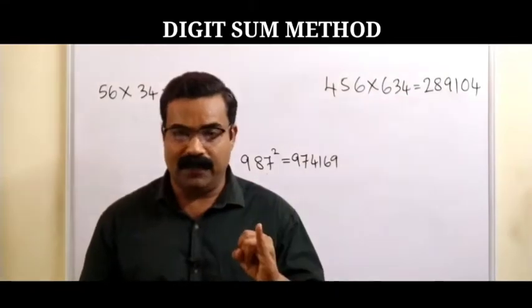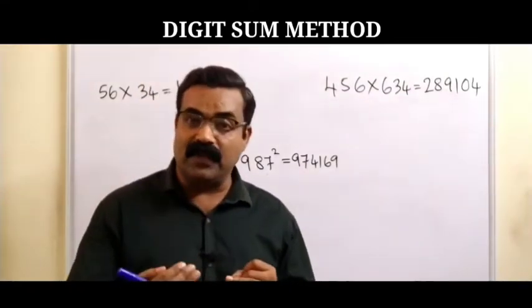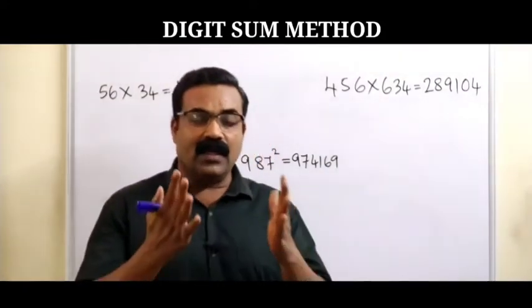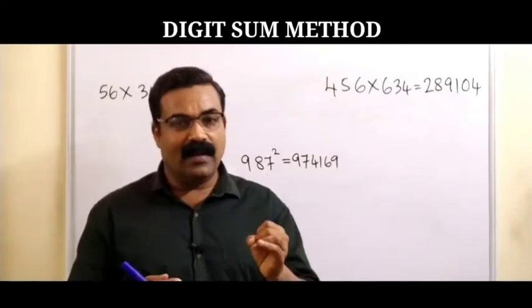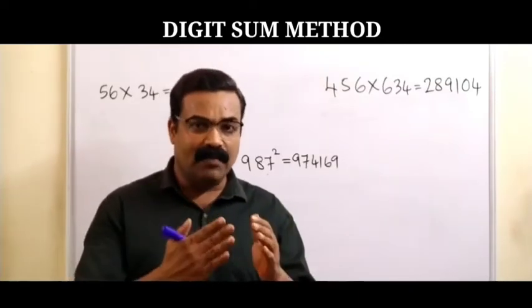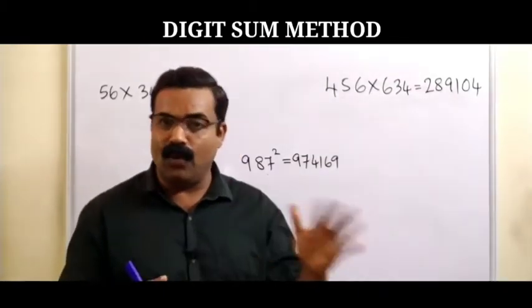That is rule number one. Rule number two is, whenever you find the digits of the numbers, any digits that add up to 9 can be cancelled out. They can be deleted and ruled out.